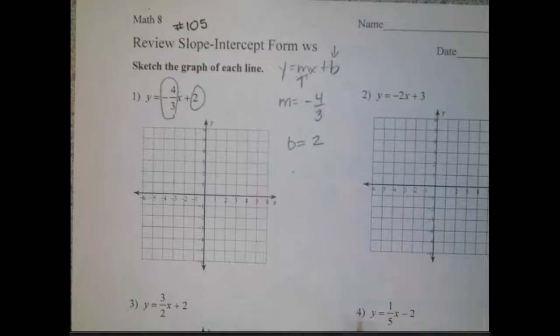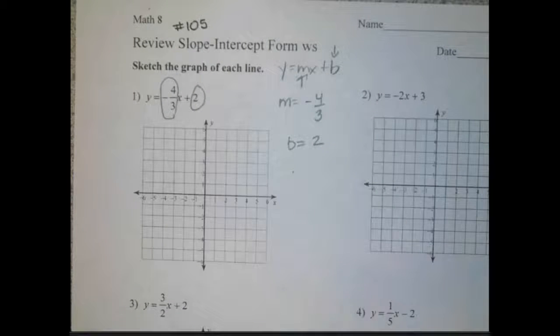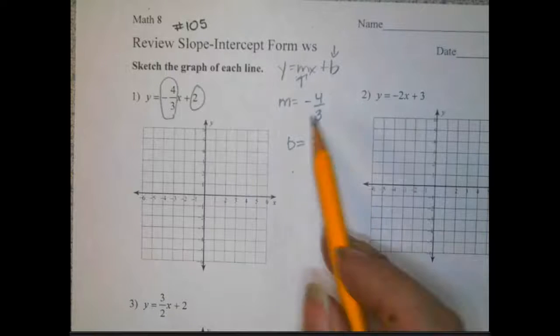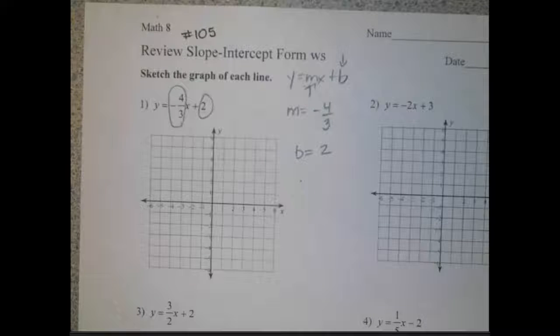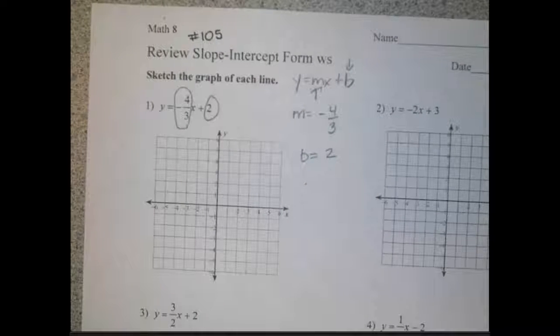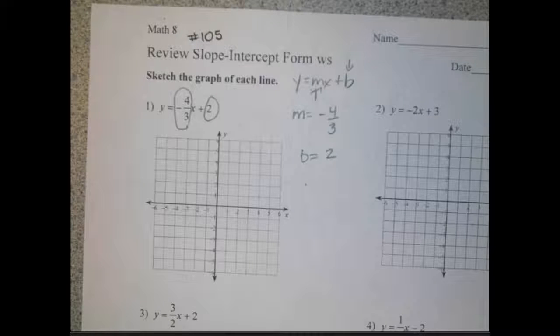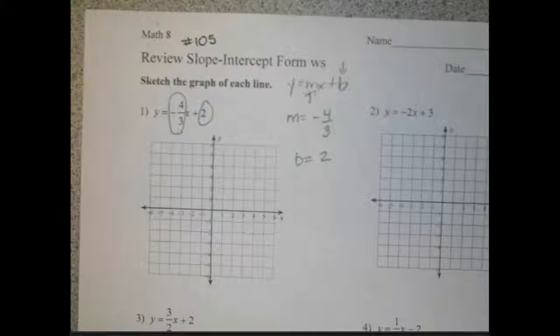So this tells me how to graph it. Where do I start based on this information that I have here? To graph it, where do I start? Karina, what do you think is my starting point?